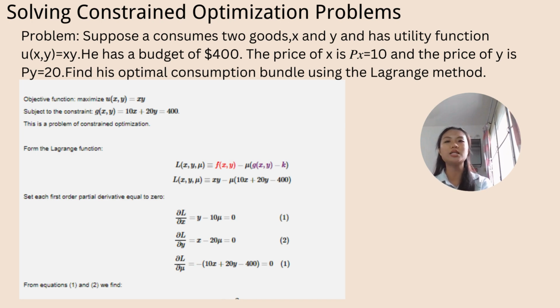We find his optimum consumption bundle using the Lagrange method. We substitute from equations 1 and 2 and can find the answer. In this slide and the picture you can see how to do it using the Lagrange method.